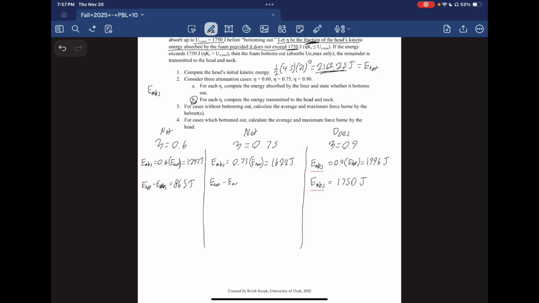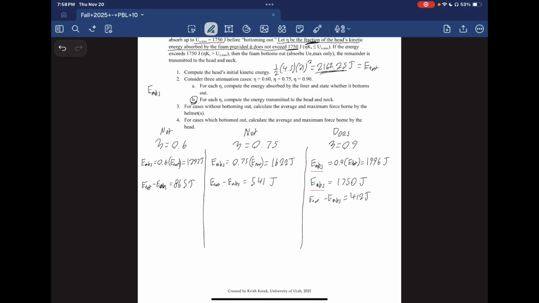Over here, E total minus E absorbed equals 541 joules. And then finally over here, we have E total minus E absorbed equals 412 joules.